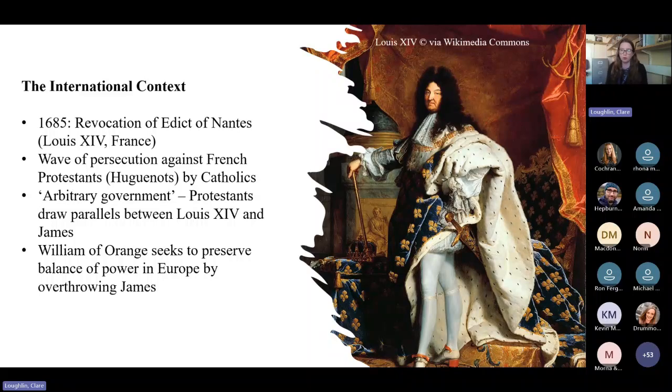People look at what Louis XIV was doing and they worry that James's indulgences are the first step on this road. And William of Orange was terrified about French expansion. So in invading the three kingdoms, William was trying to preserve the balance of power in Europe. But this situation is a bit more complicated than Catholic versus Protestant.